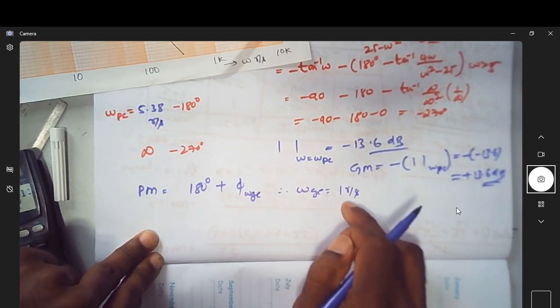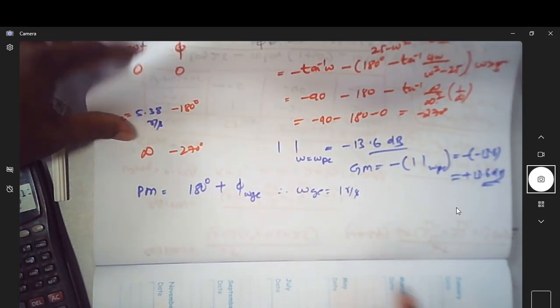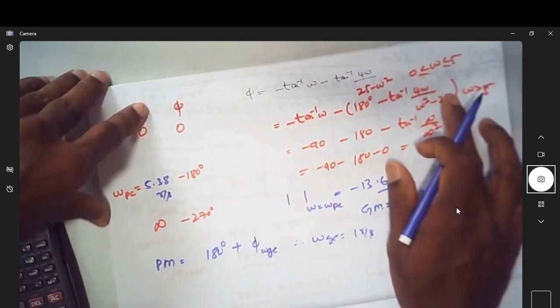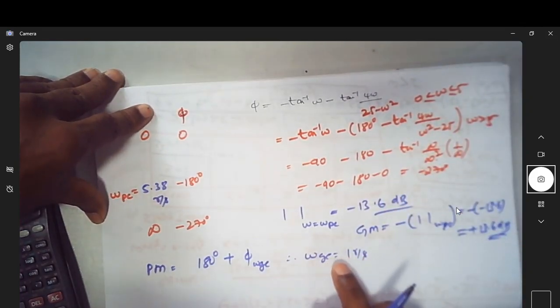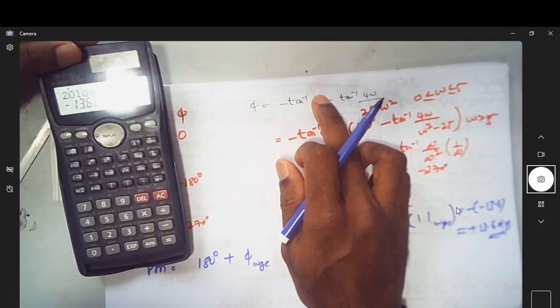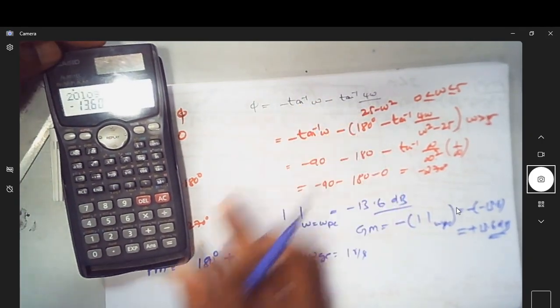So you substitute in this phase equation. Which phase equation to choose now? You have to choose the equation which is applicable for the value of omega 1, which is the first equation. So I will use this first equation to find phi at omega GC.